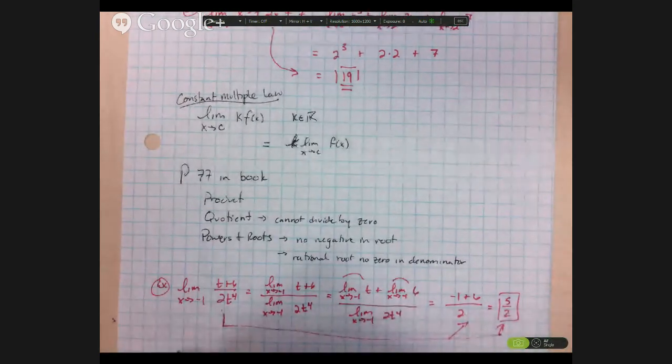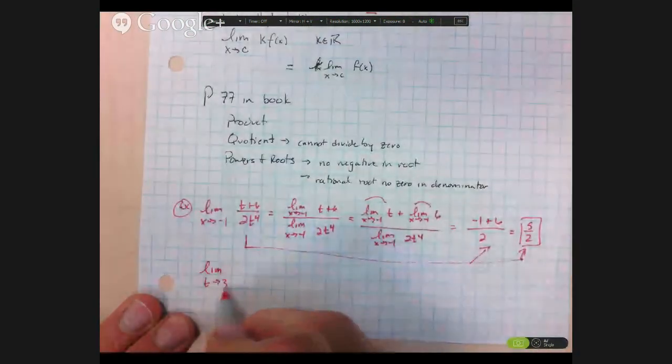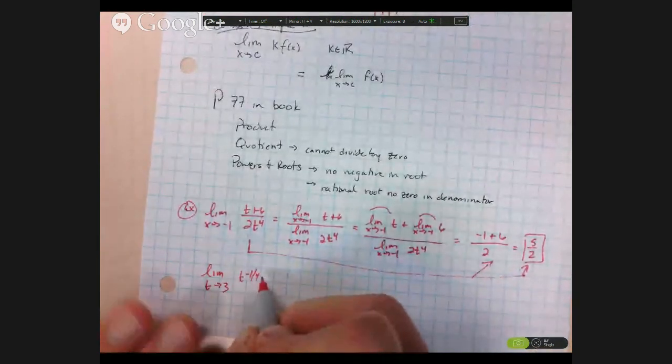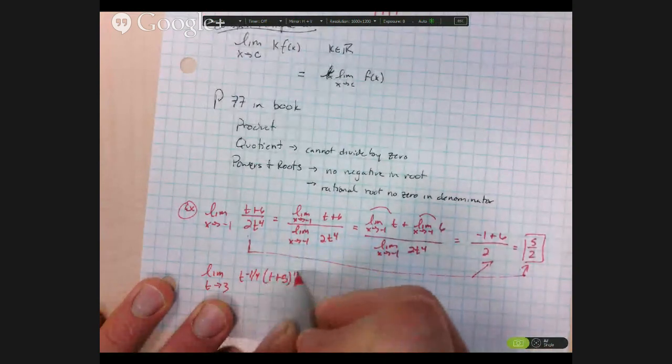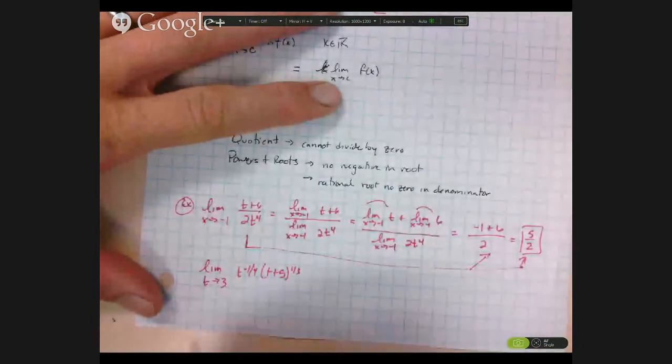Let's show you another one. The limit as t approaches 3, t to the -1/4, t plus 5 to the 1/3. You can do this a variety of ways.